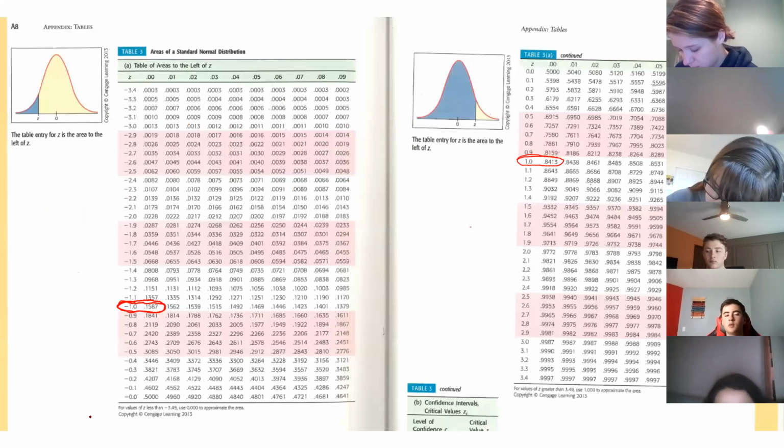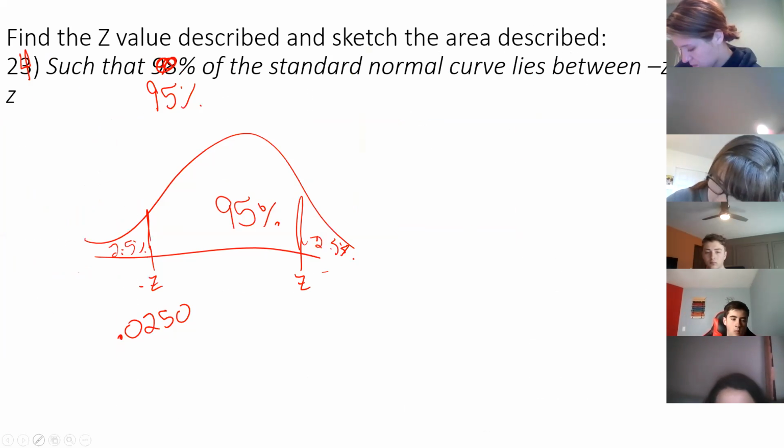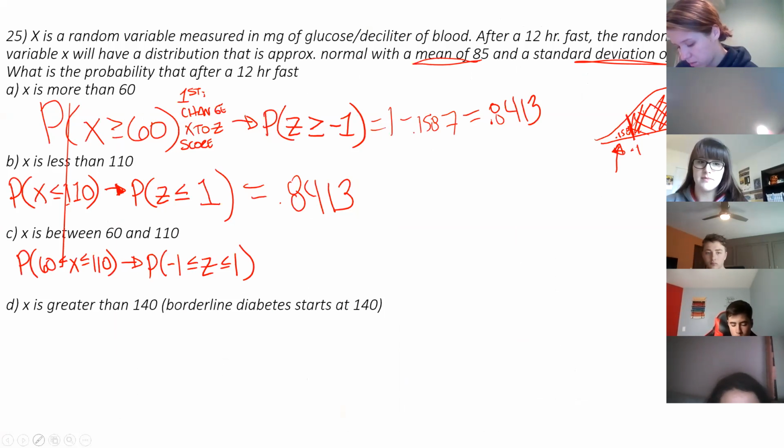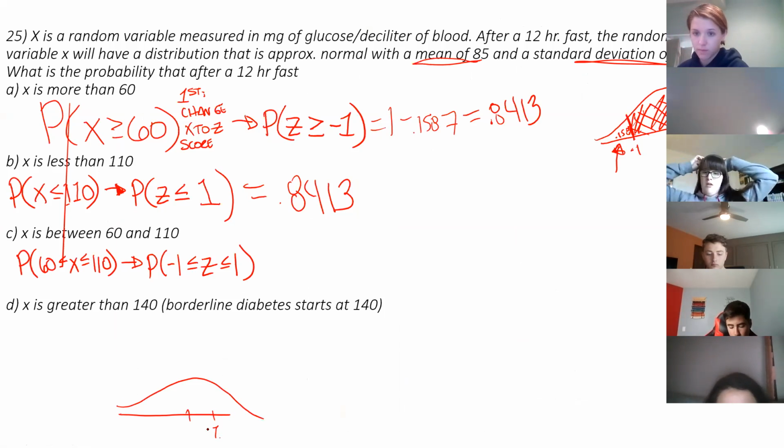I'm doing a picture down here: here's +1, here's -1. I'm looking for the area in between.